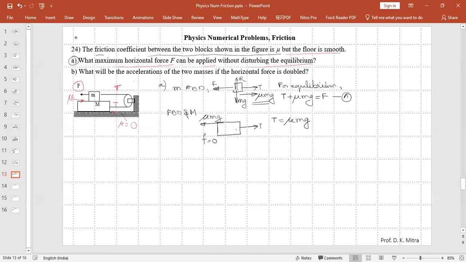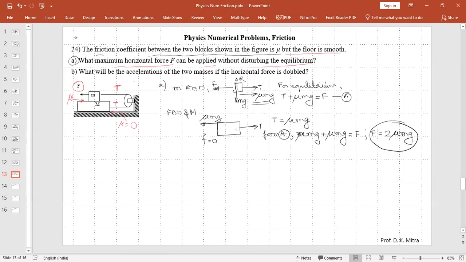So from equation A, we can write T, that is mu mg, plus another mu mg, is equal to F. So for equilibrium, F is equal to 2 mu mg.